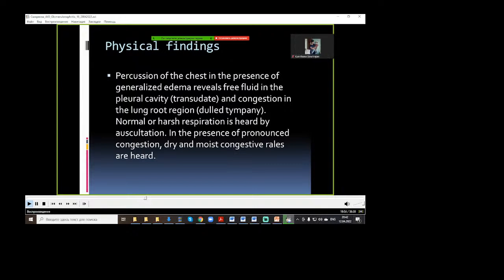So we will detect dull and tympanic sound due to compressive atelectasis. Normal or harsh respiration is heard by auscultation, and in the presence of pronounced congestion, dry and moist congestive rales may be heard.